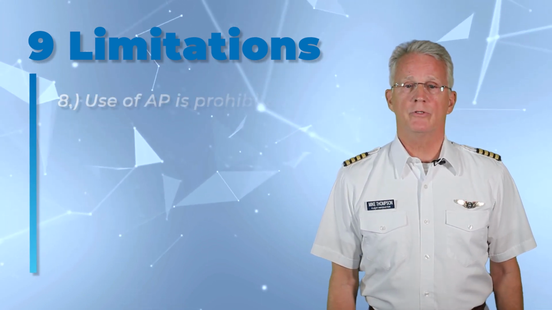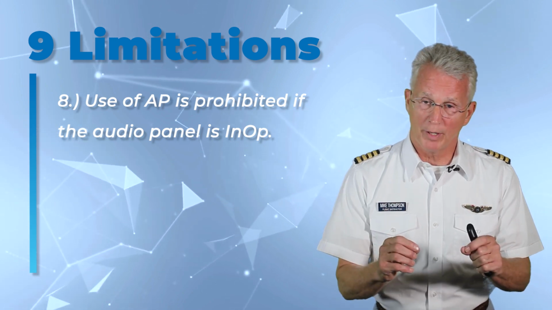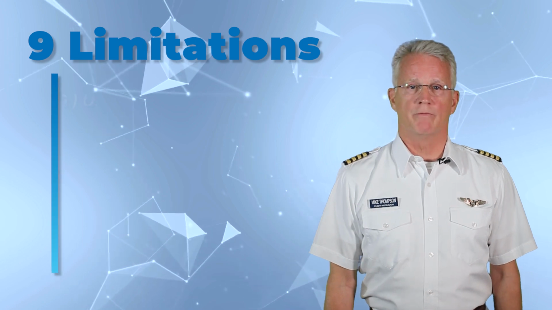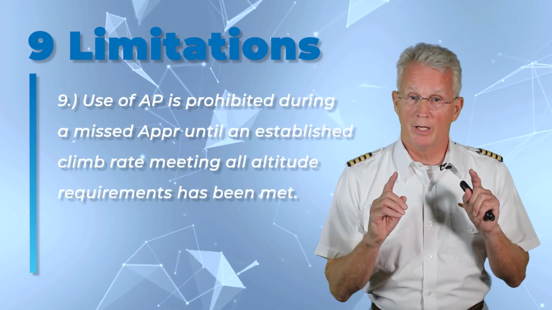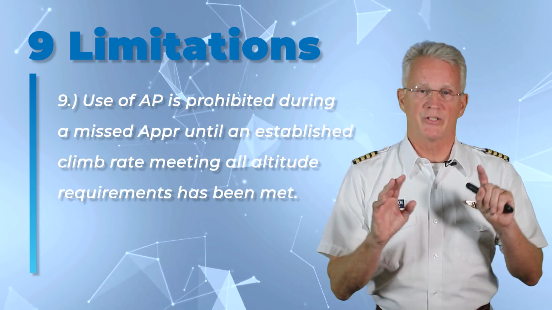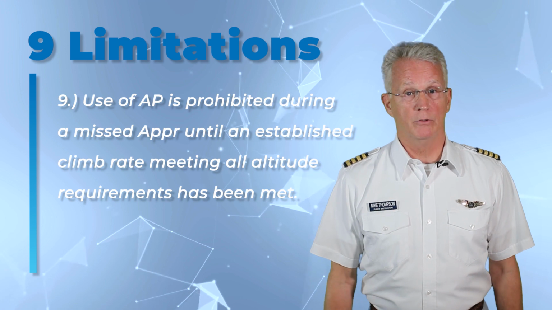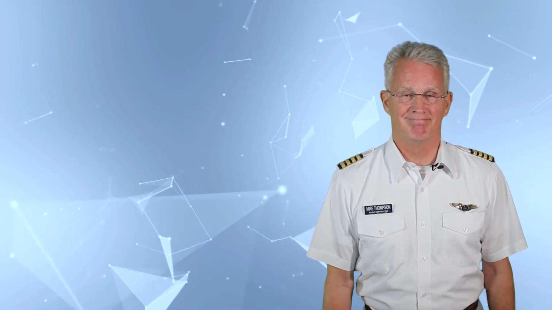Number 8, use of the autopilot is prohibited if the audio panel is inoperative. And number 9, use of the autopilot is prohibited during a missed approach until an established climb rate meeting all altitude requirements has been met.